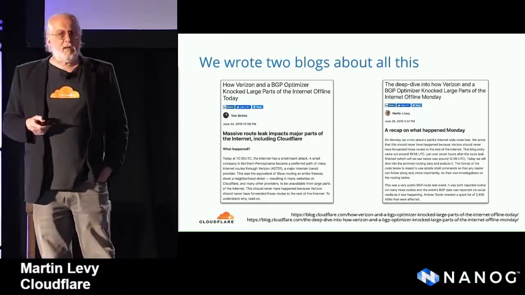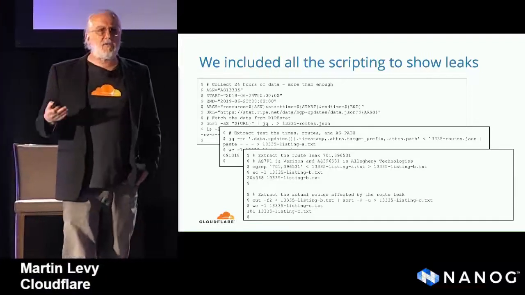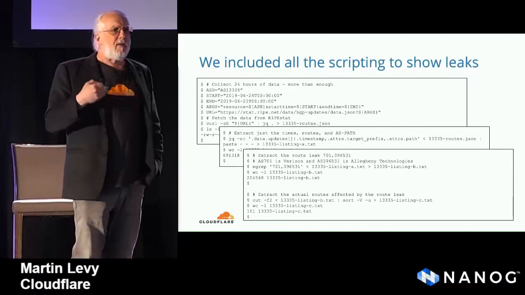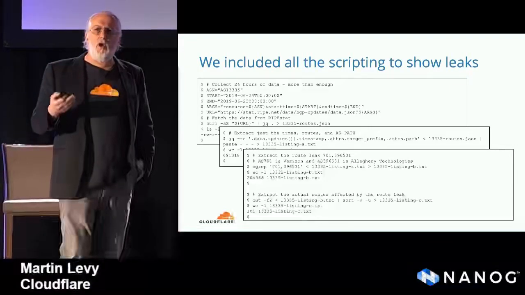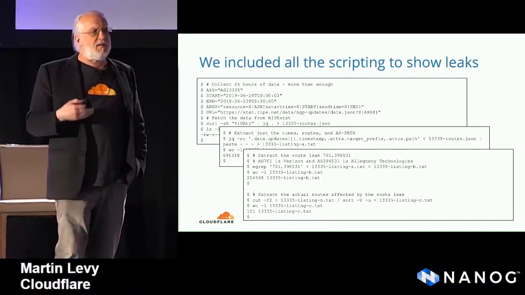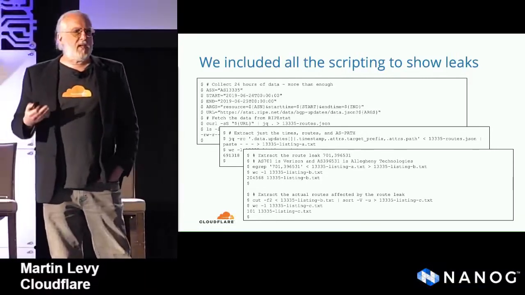The second one actually contains a whole bunch of scripts, all of which were on GitHub. But the scripts were able to let anybody run the same analysis of this route leak. The data is out there.